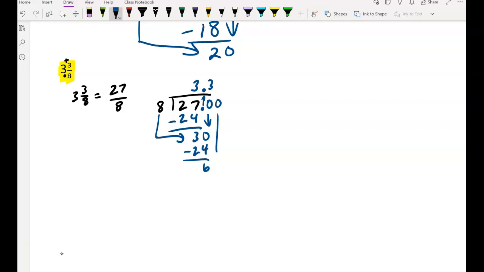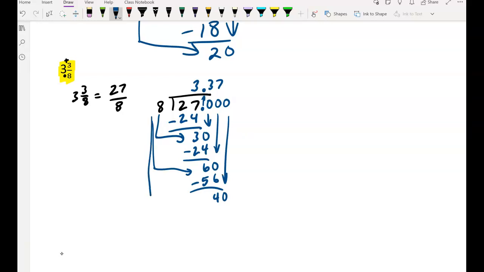Got a remainder, so I got to bring down another 0. And now I divide again. If I bring a number down, 8 goes into 60 7 times. 8 multiplied by 7 is 56. And 60 subtract 56 is 4. I have a remainder. Got to keep bringing zeros down until I don't, or I see a repeating pattern. Bring down the 0.